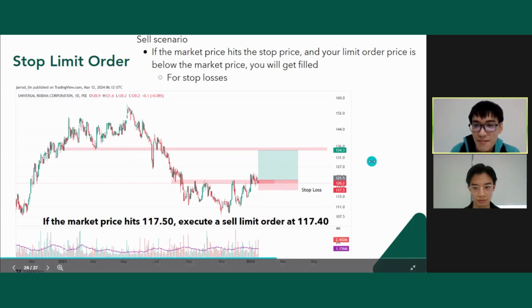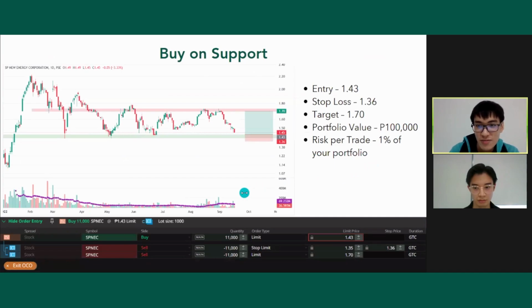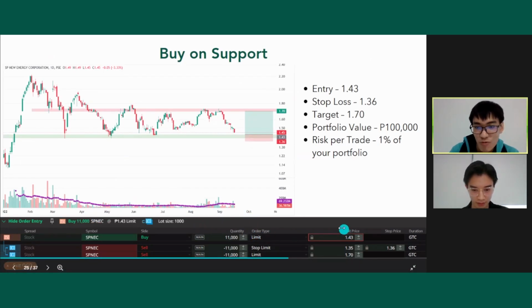So, ganun siya. Here's an example. Back to the SPNEC example, diba? The trade idea is a buy on support. So you buy here 1.43, stop loss 1.36, target mo 1.70. Since price is not yet at 1.43, your buy dapat buy limit order at 1.43.